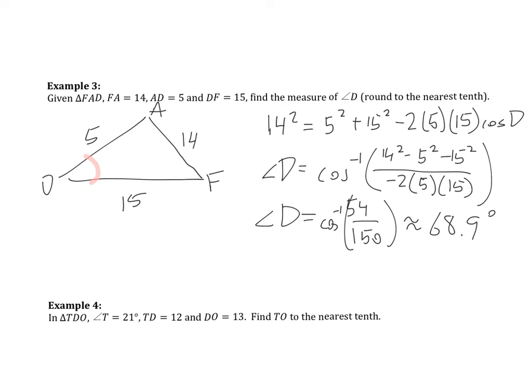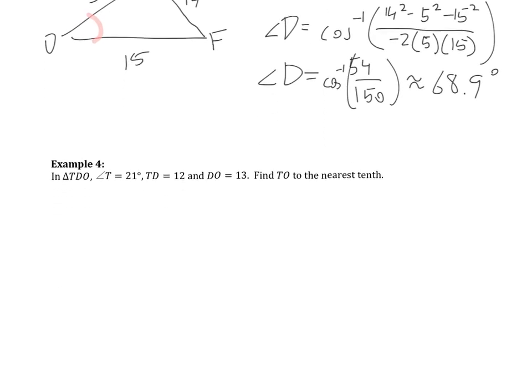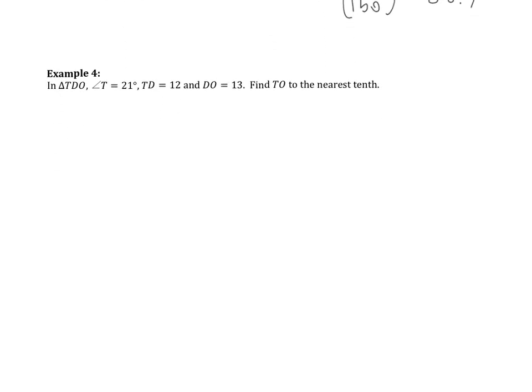What this becomes more involved with, and I do not expect you to necessarily know how to do this next problem that I'm going to show you, but it's helpful to just see. Example 4. Triangle TDO, T equals 21 degrees, TD equals 12, and DO equals 13. If I try drawing this and I try to think, where is the largest side?